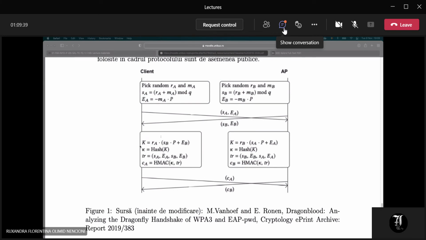How do I find out which is the correct one? I just compute the hash. I compute the TR, that are all public values. Then I compute for each K the HMAC and I check, is the HMAC the one that I see here? If yes, I found the key. If no, I go to the next password and I try again, and so on. Okay?